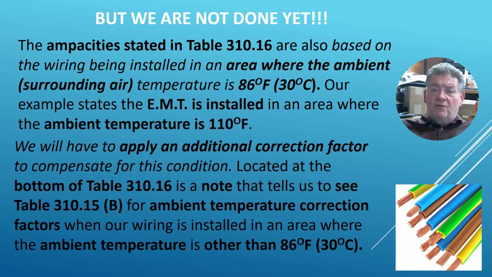Located at the bottom of table 310.16, there's a second note that tells us to see table 310.15B for ambient temperature correction factors when our wiring is installed in an area where the ambient or surrounding air temperature is other than 86 degrees Fahrenheit, 30 degrees Celsius.